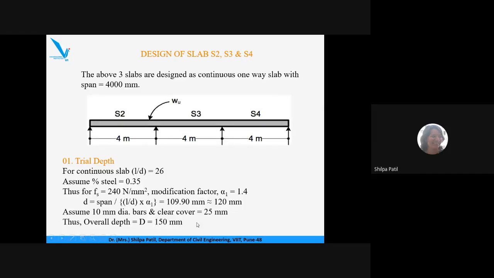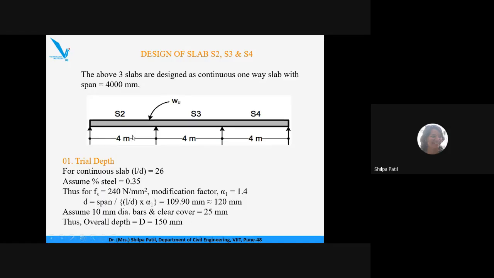Keep in mind always that when you design any continuous slab, the effective depth of all the slabs, whatever the number you are designing as a continuous slab, should be the same. Effective depth as well as the overall depth should be kept the same for all the continuous slabs. That becomes easy when we do the construction activity.